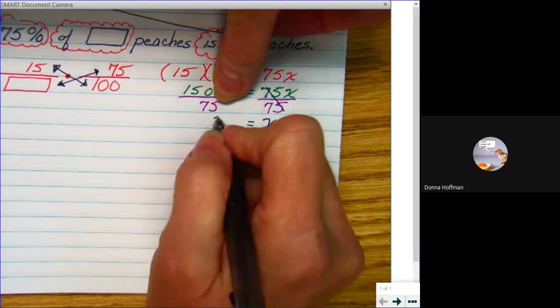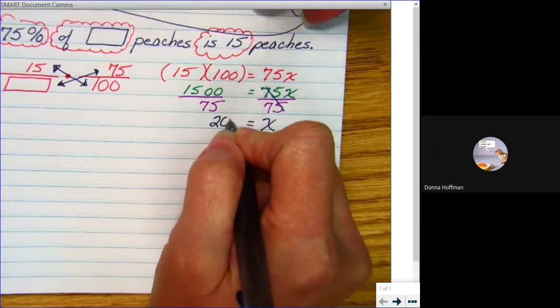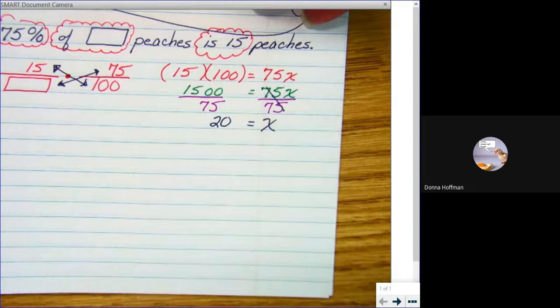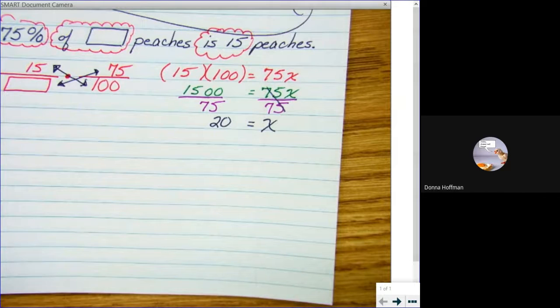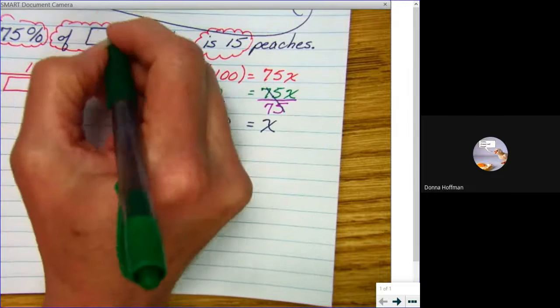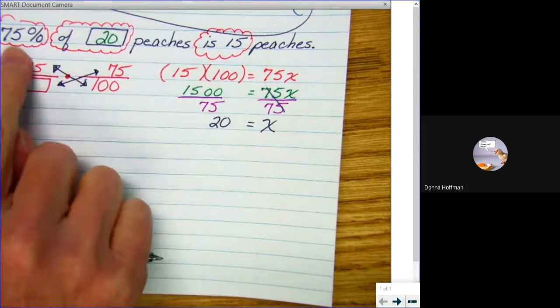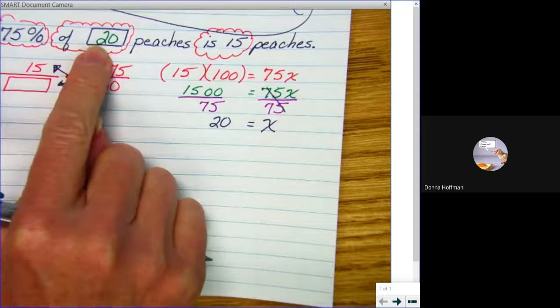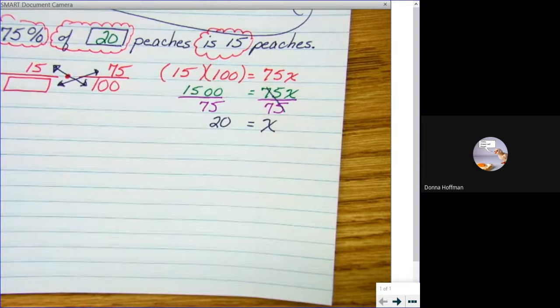So that's 2 sets. And as soon as I uncover that zero, I write that zero. So it would be 20. So 75% of 20 peaches is 15 peaches. Does that make sense? Yes, ma'am.